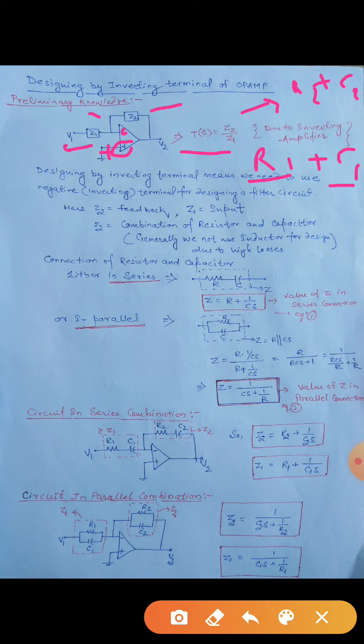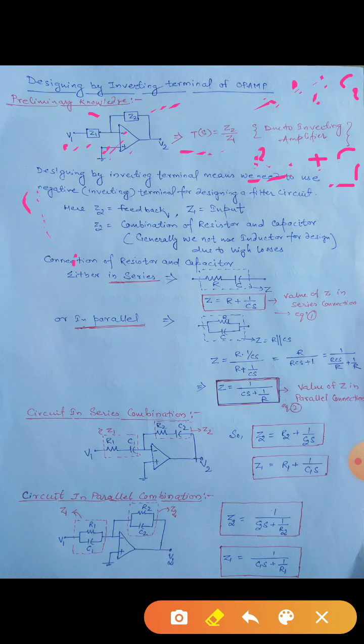Inductor has high losses in any kind of circuit. So if losses would be generated, then under that condition it would not be feasible to use the inductor. That's why in most cases we use only resistor and capacitor for the design of the filter circuit.